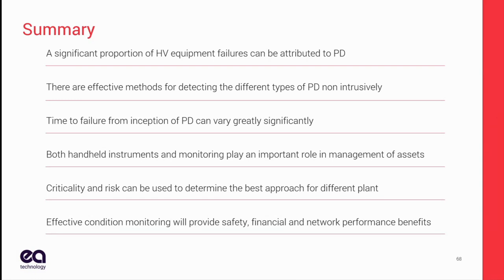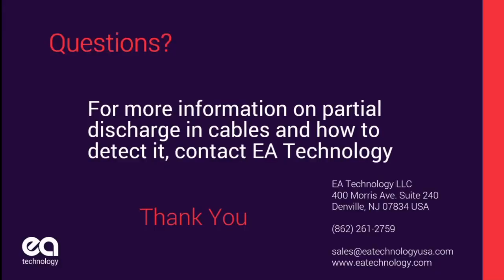Criticality and risk are going to be your approach to determine which cables get which type of monitoring. Full-time condition monitoring is going to help you with your safety, number one, financial, your network performance, your reliability. More data always helps. So that's the end of the presentation.